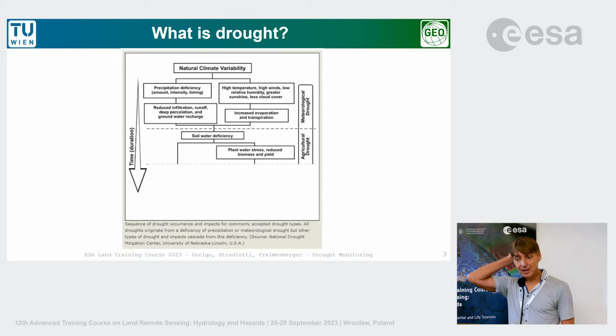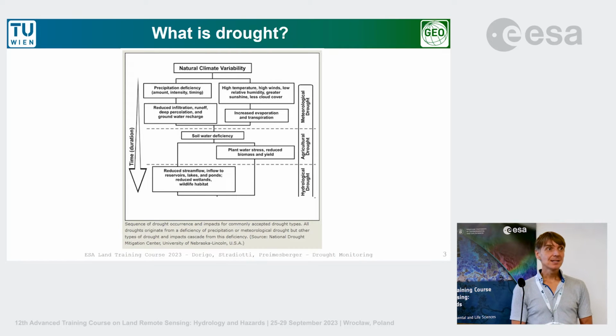If it continues long enough, it may cause soil water deficiency, and in the end it may also have effects on the canopy, on yields, on agriculture. In that case, we talk about agricultural drought. That's really the effect of a lack of water available for plant growth.